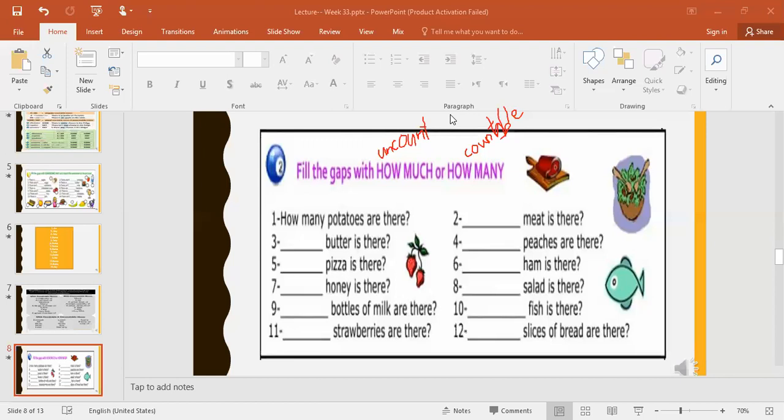Because we are asking about bottles, not milk. We are asking about bottles, and this is what we said at the beginning of the session. When we are asking about a bottle or cup or something, we use the countable nouns.